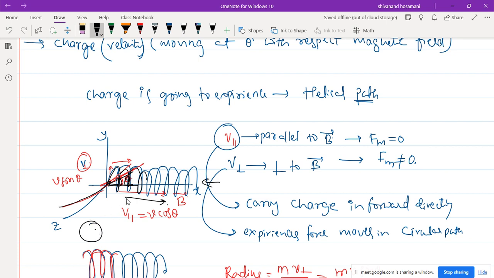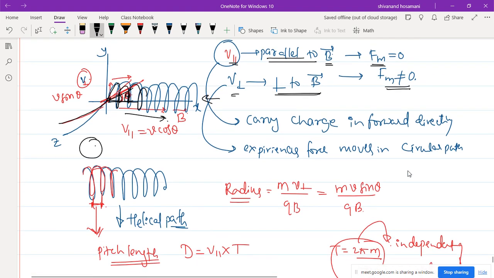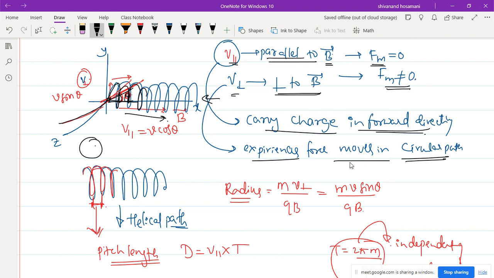The velocity component which is parallel to the magnetic field does not experience any magnetic force. But the velocity component which is perpendicular to the magnetic field experiences a force. Therefore, the parallel component carries the charge in a forward direction, and the perpendicular component moves in a circular path due to the magnetic force.